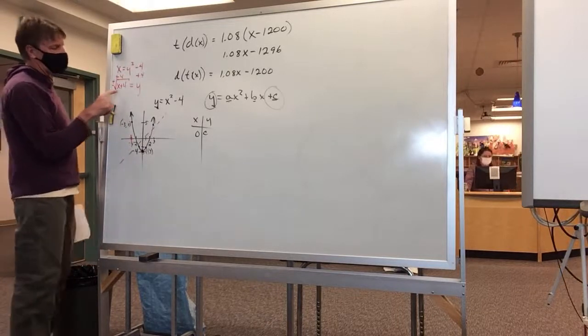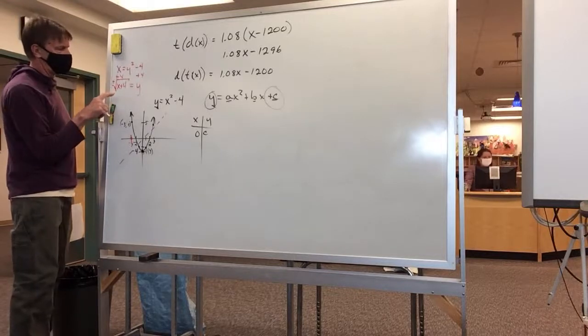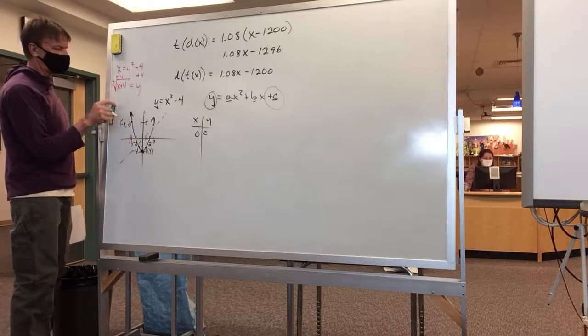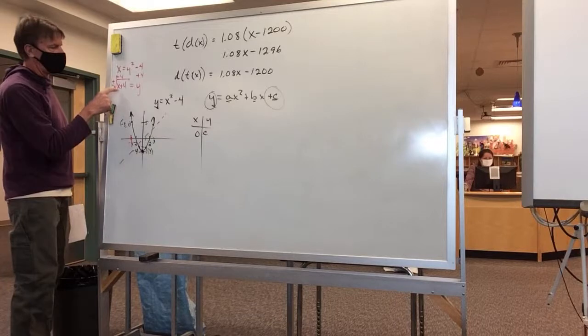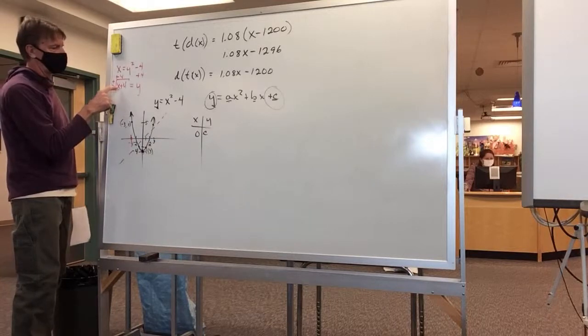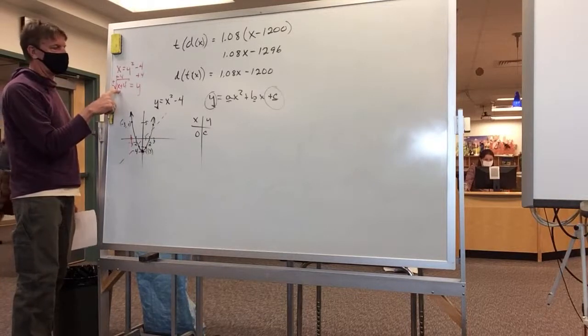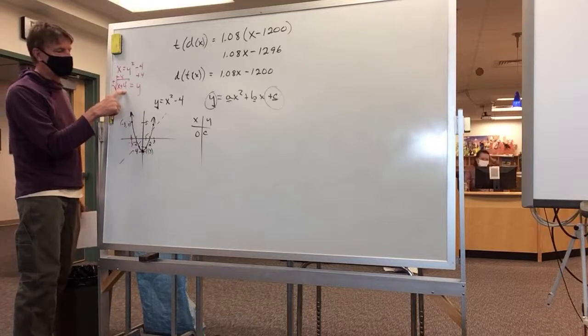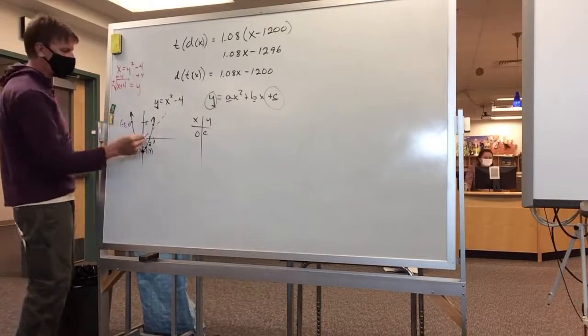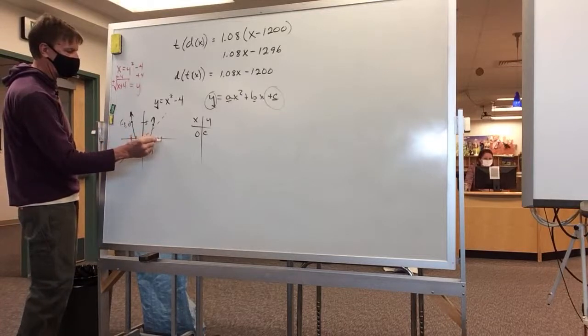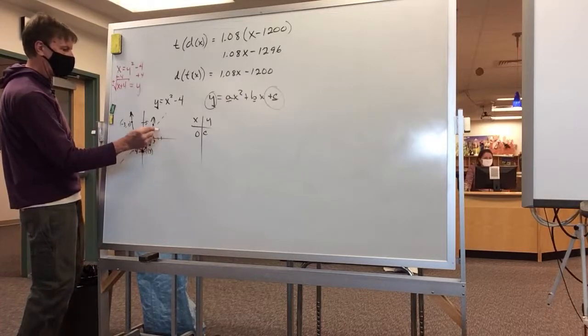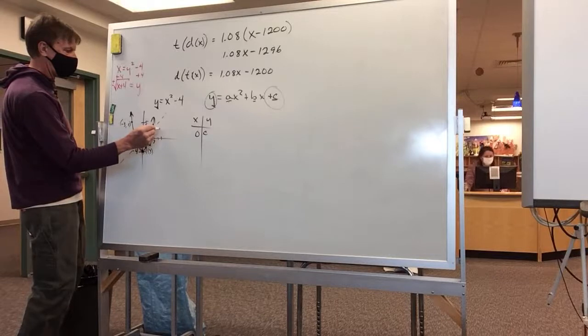If I put, let's say, let's pick another number. If I put 5 in here, 5 plus 4 is 9, and the square root of 9 is 3. So I go out here to 5, and then I get to go up to 3, like this.